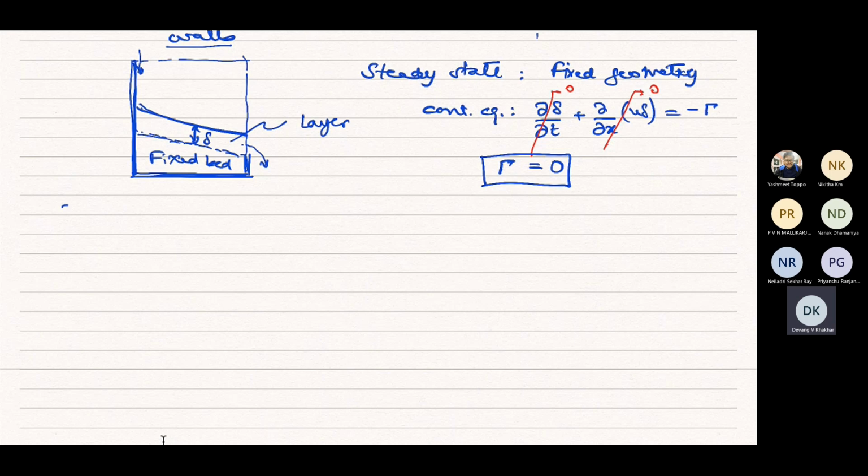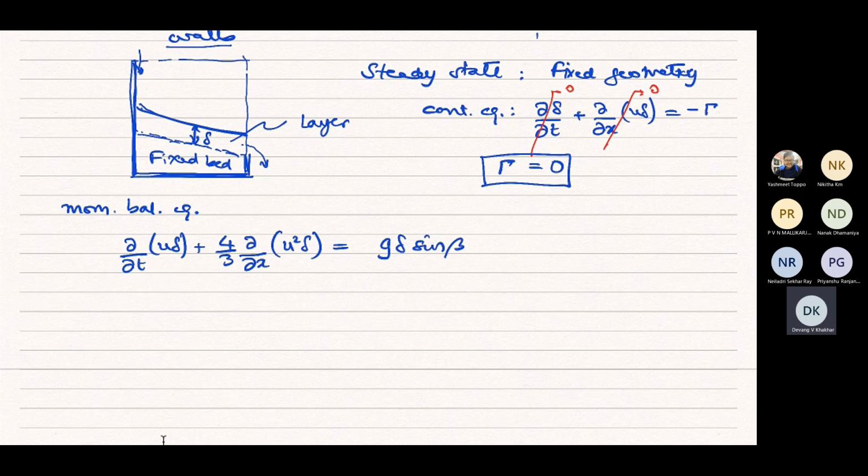Then if we write down the momentum balance equation, we have ∂/∂t of uδ plus 4/3 ∂/∂x of u squared delta is equal to, now I'm going to combine the gravity, just like what we did just now, instead of writing it as sine of beta minus cos beta mu_m, I'm going to write it as sine of beta minus beta_m divided by cos of beta_m.